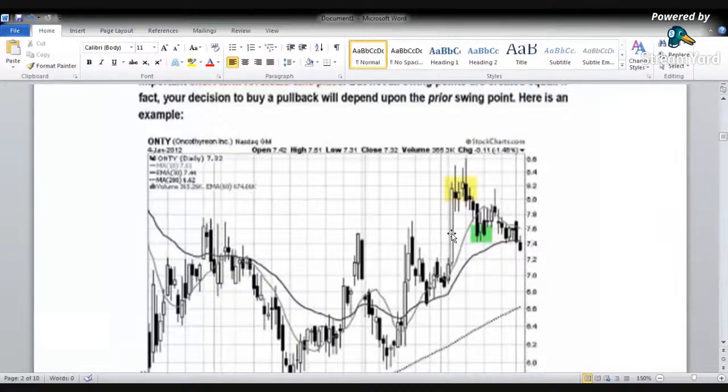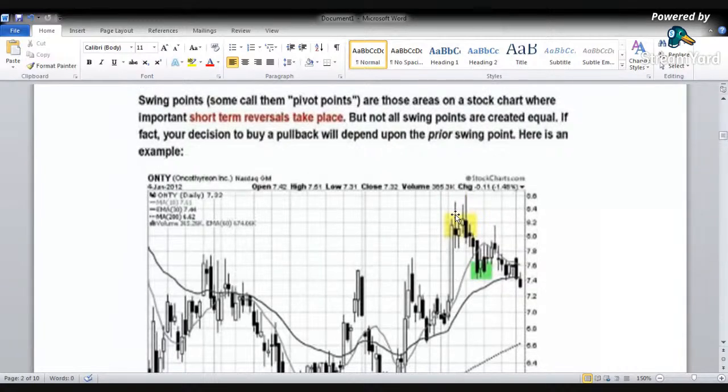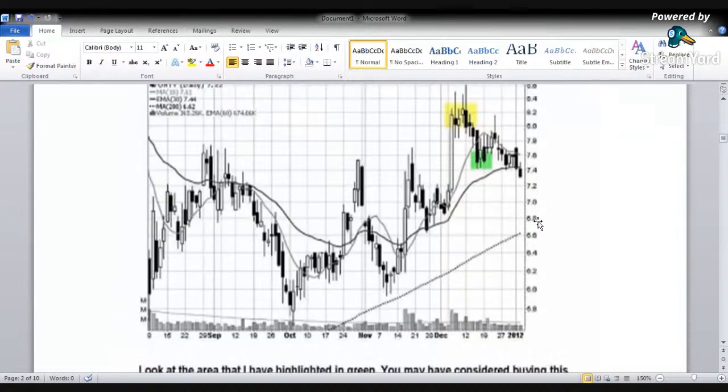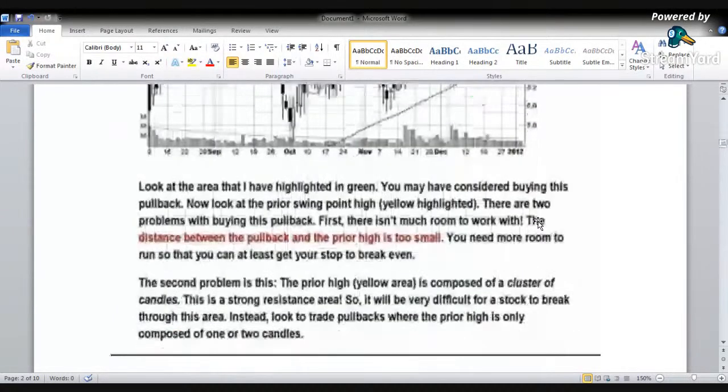If you see that area, nag-bounce siya pero malapit lang sa may resistance. So in this case, you cannot buy a stock like this because it will only go up a very small percent. So we will determine where is the pivot point na mataas yung reward.